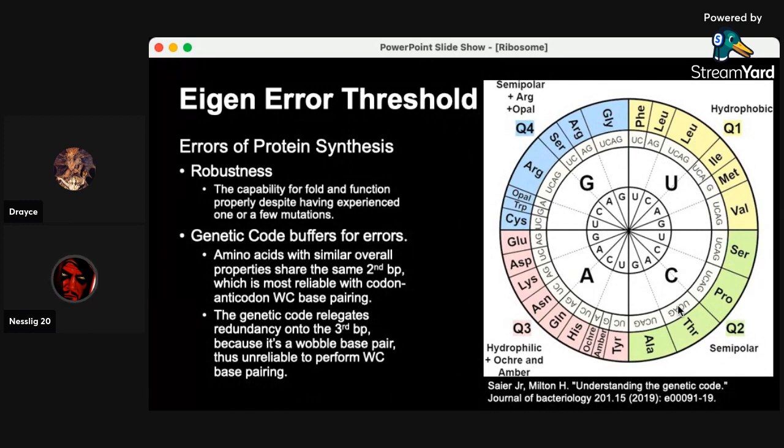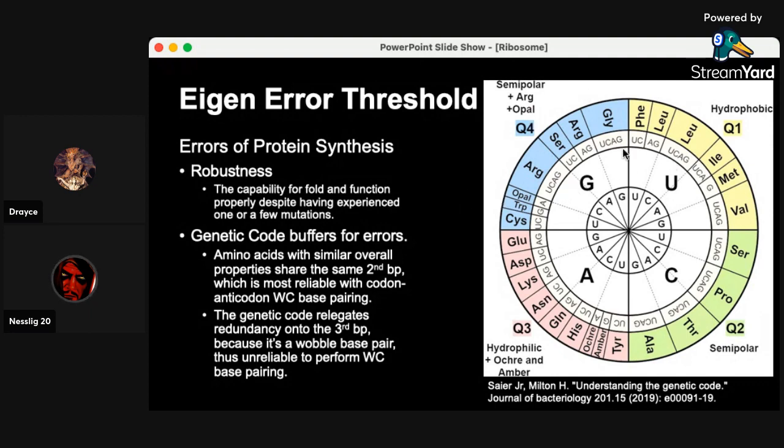And another thing is the genetic code itself is structured in a way that buffers these errors. If you have a mistake in the codon and anticodon pairing, very often a similar amino acid gets incorporated in the mistranslation. Even if you have the wrong amino acid, often this wrong amino acid is still similar to the right amino acid, such that it preserves the overall function because it has similar properties.